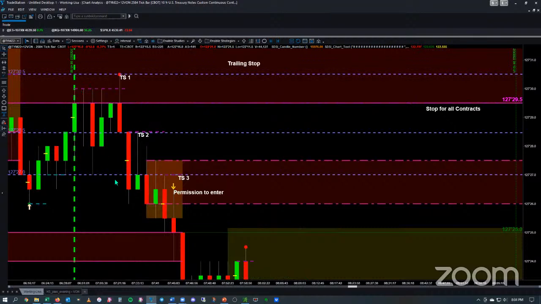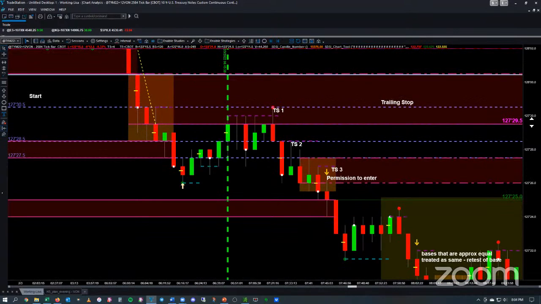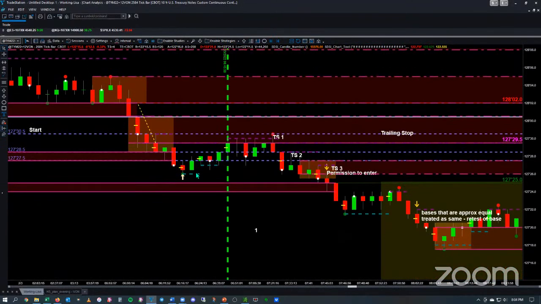So you can see here, let me get this back up here where we can see, this was the last swing low right here.